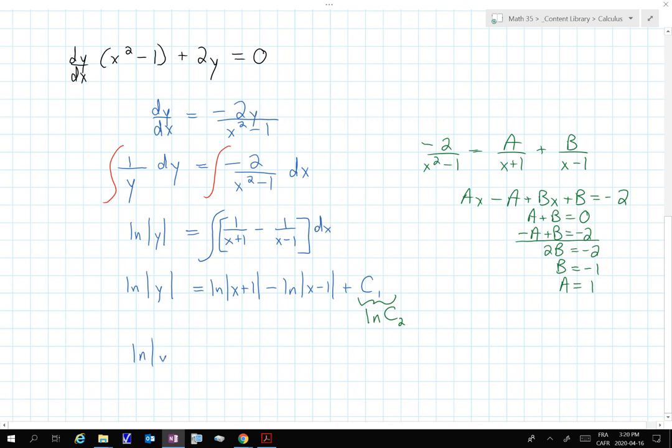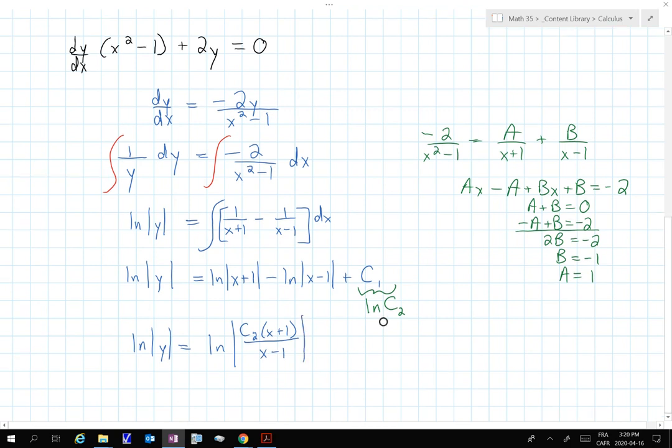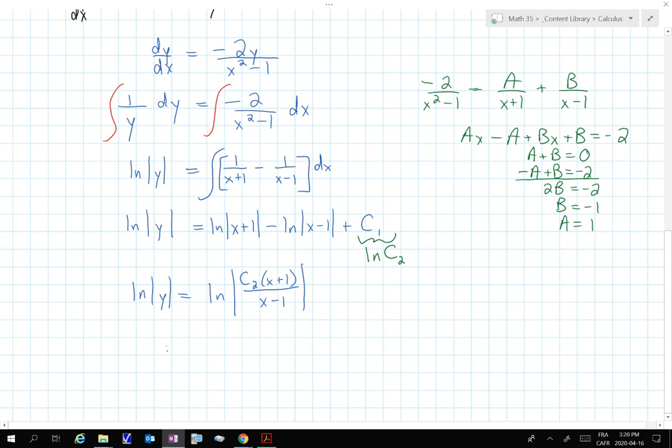So I now have the natural log of the absolute value of y equals the natural log of, I'm just going to do this all at once, it's a little bit of a cheat. So actually I've got C2 times x plus 1 divided by x minus 1, which means that, and here's where I'm definitely smoothing some edges, some nuance that we are losing a little bit of.